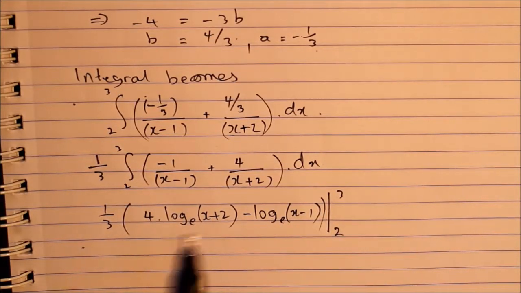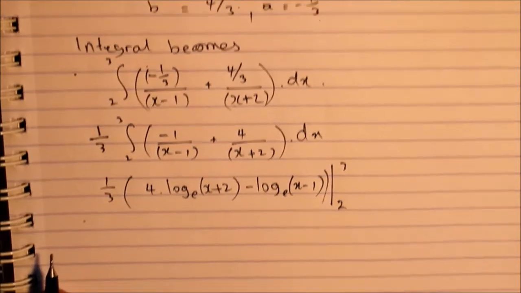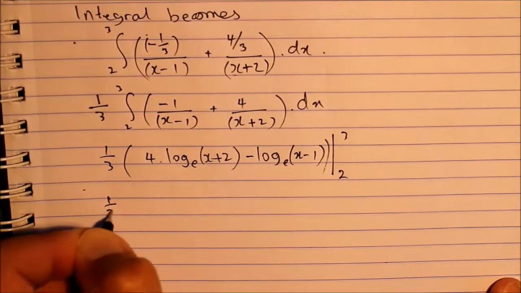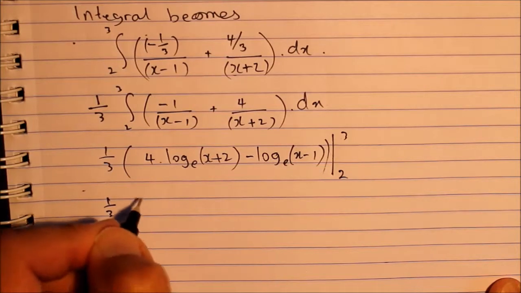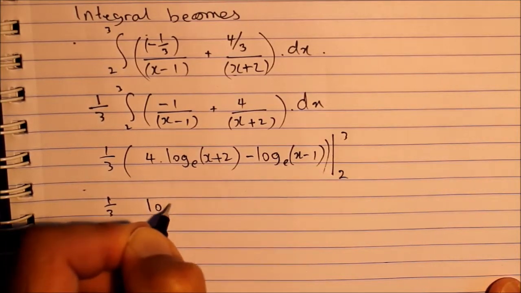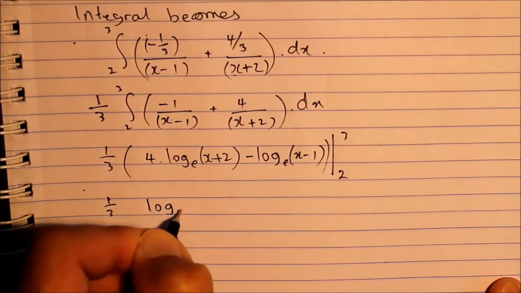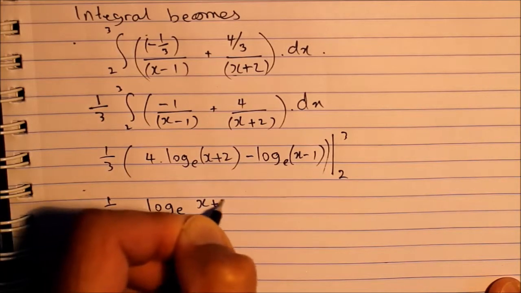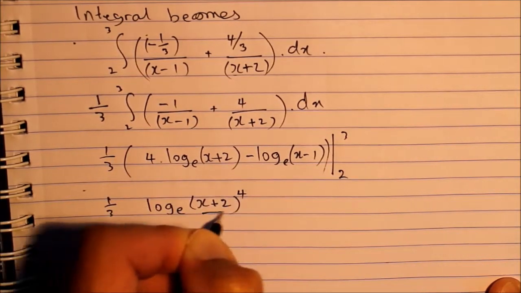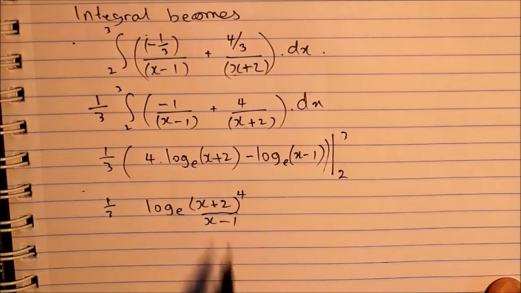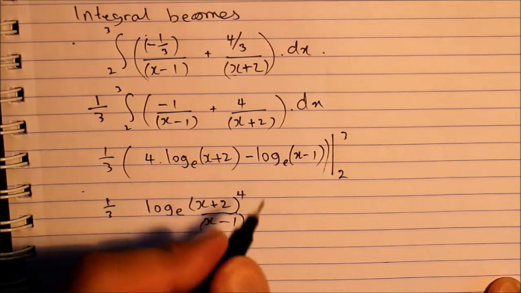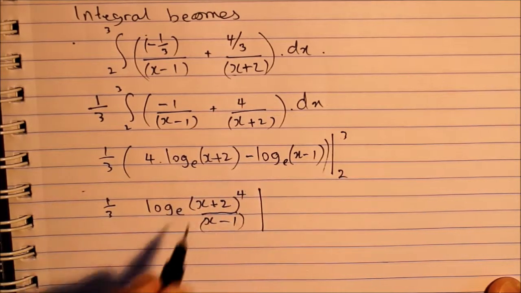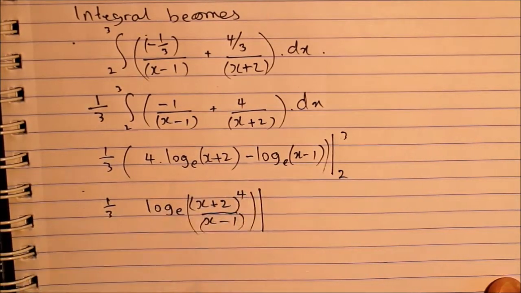Just to tidy this up, perhaps I'll write this as one logarithm, 1/3. Now the 4 can come in and make this x plus 2 to the 4, so I can do a bit of logarithm algebra here. It's a log of x plus 2 to the 4 over x minus 1. It's over because there's a minus there, so that's equivalent to a division for logs. So is that clear? 2 and 3.